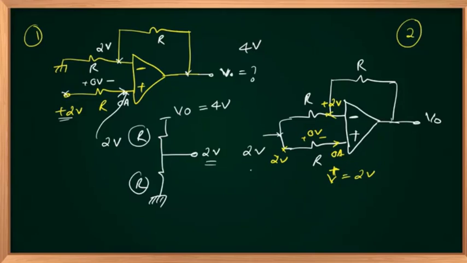That is the same as our earlier case. 2 equal resistors, but instead of ground, I have 2 volts. And this is V out to be identified. Here I should get how much? 2 volts. Equal resistors R and R. That should be my V out.